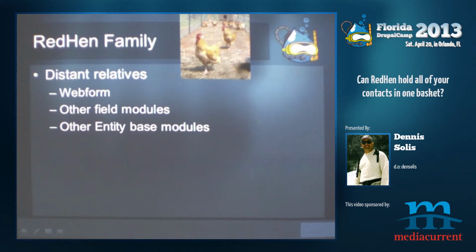One issue with RedHen, it's just the process of maturing, is if you need to load a whole bunch of data into it, you got a problem because feeds, which is a nice easy way of loading data, only works with core entity types. It doesn't look at all the other types. So you end up using migrate. Migrate will bring in data from other sources. So you got to go back to that. It's just a little bit harder to use migrate than it is feeds.